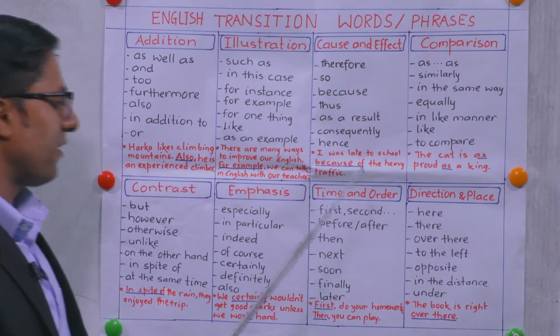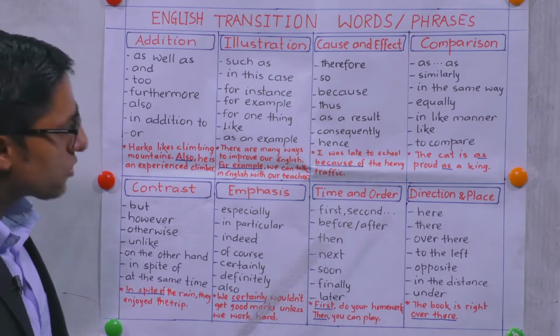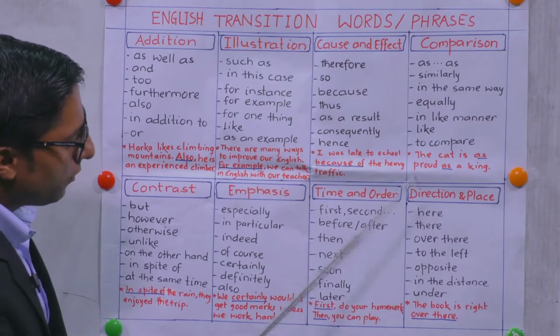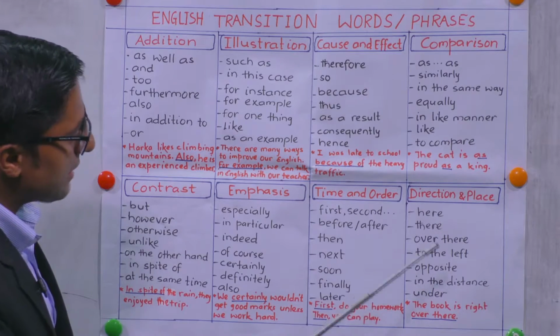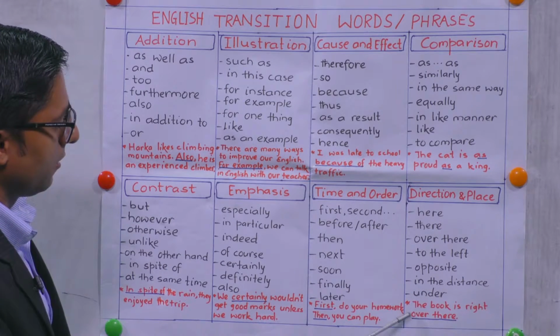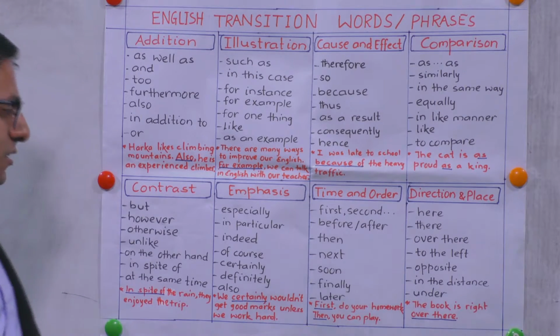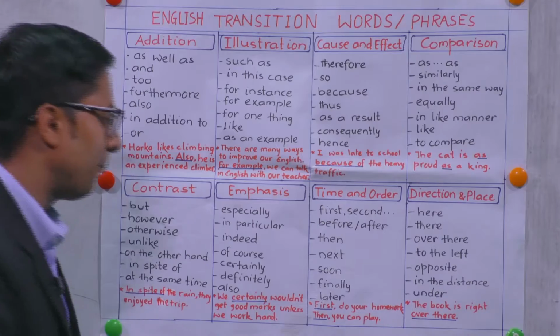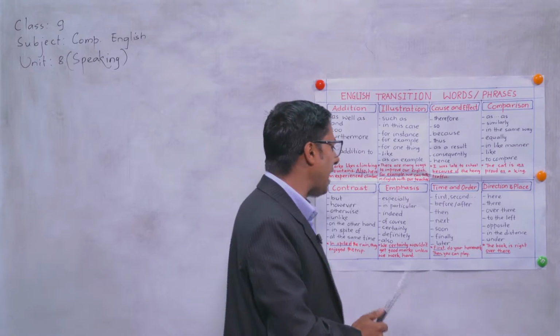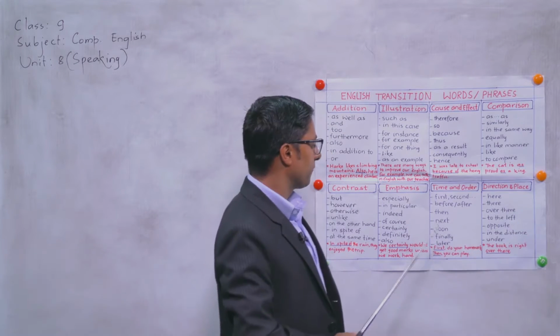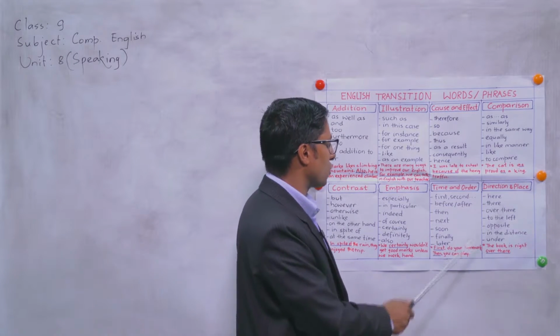See how these words or phrases are used in sentences. The book is right over there. So over there indicates place. When somebody asks you, where is the book? You can say, it's there, or it's over there. So this is used to show the place.